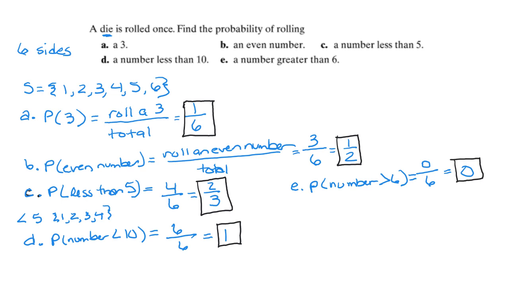So there is a 0% chance of rolling a number greater than 6 on a 6-sided die that contains the numbers 1, 2, 3, 4, 5, 6. So once again, we're going to keep an eye on our sample space here. It's always helpful to identify that. All right, and I'm just going to clean this up a little bit so you can find each of my items.